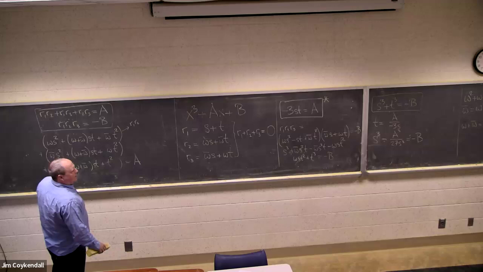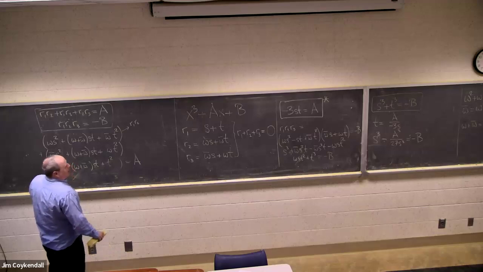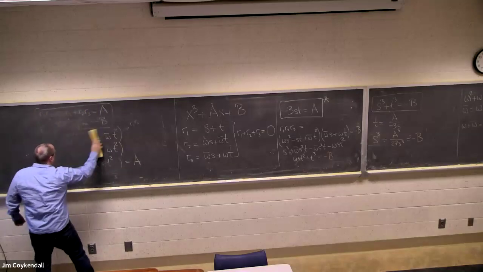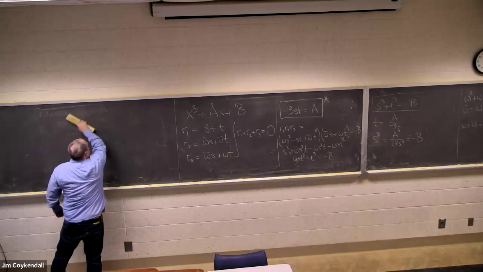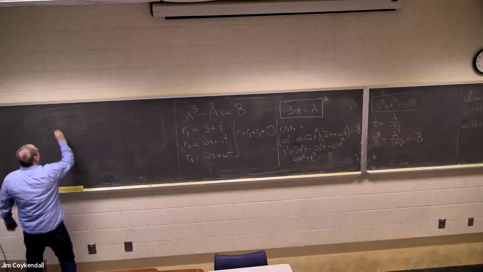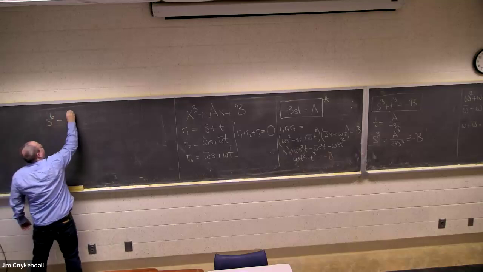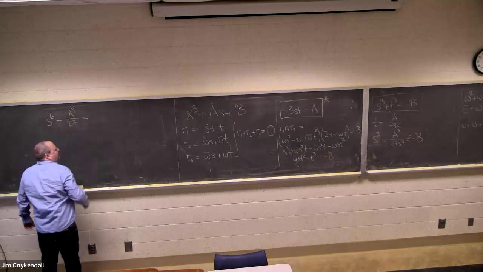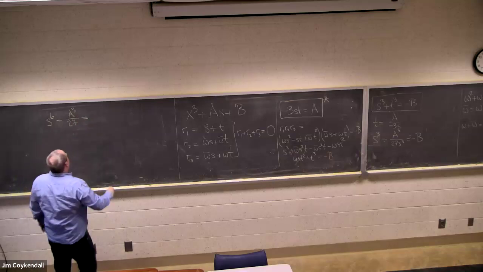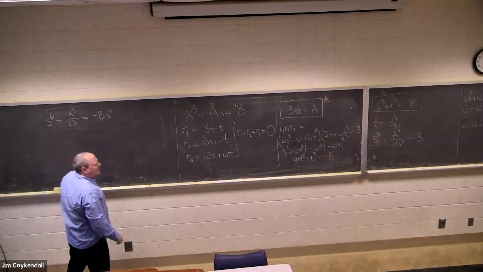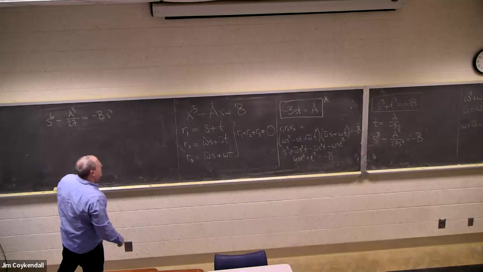And so what I am going to do is, what am I going to do? I'm going to multiply both sides of that by S cubed to get S to the 6th minus A cubed over 27 is equal to minus B S cubed. Does that look like it works?